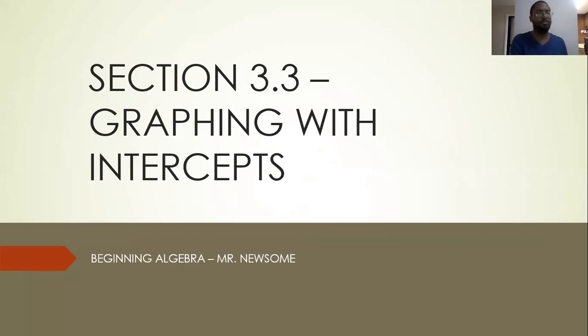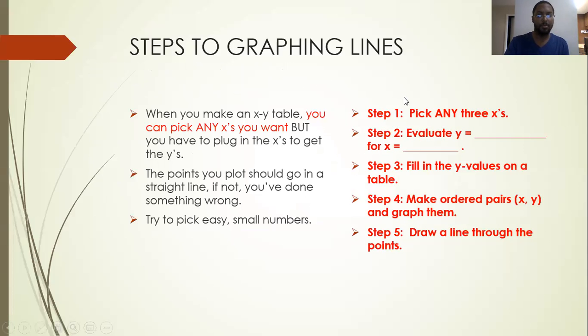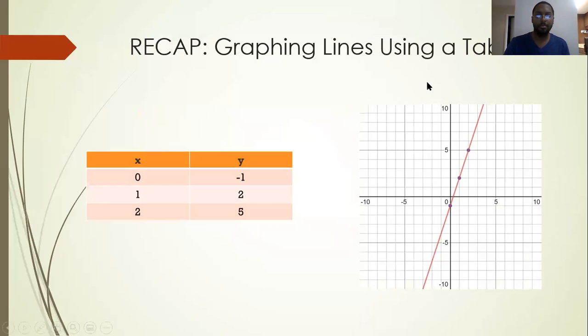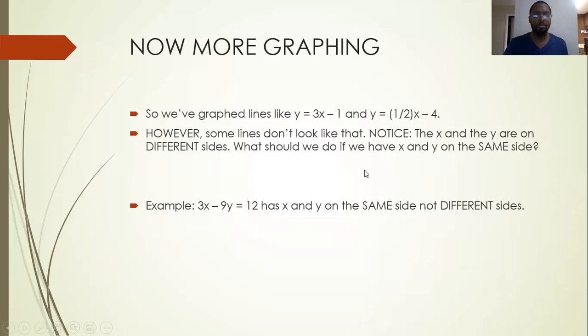So we've already graphed using a table. Now we're going to graph using intercepts. So let's think about how we're going to graph using intercepts. All right. So this was the procedure that we used for graphing a regular line, like y equals something. But what do we do if the x and y are on the same side?